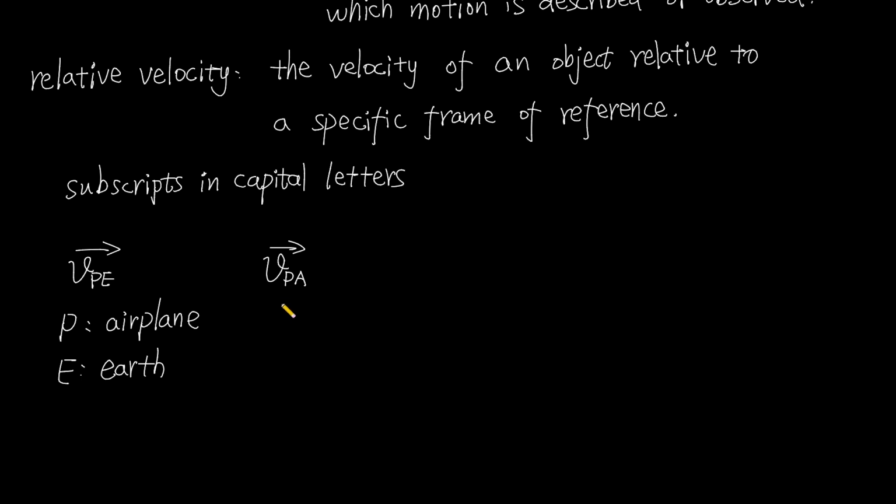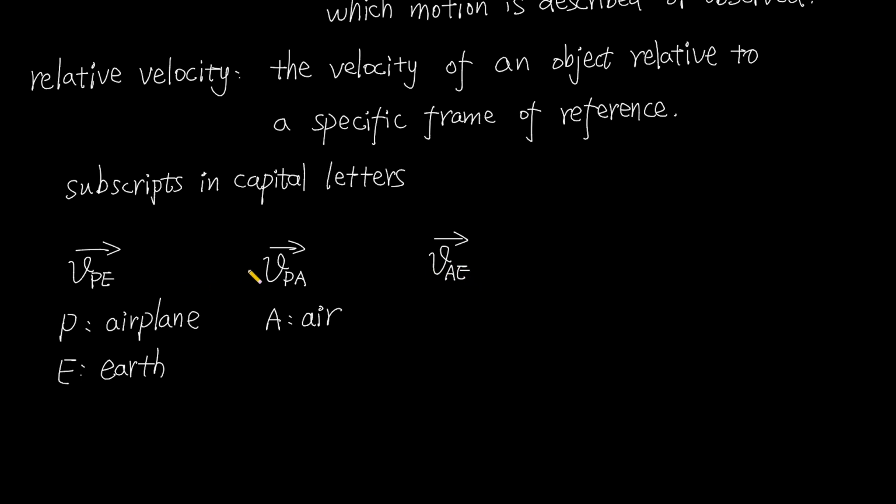Here, P represents the airplane and A represents the air. And similarly, we can use this symbol to represent the velocity of the air relative to the Earth. The object is on the left and the frame of reference is on the right.